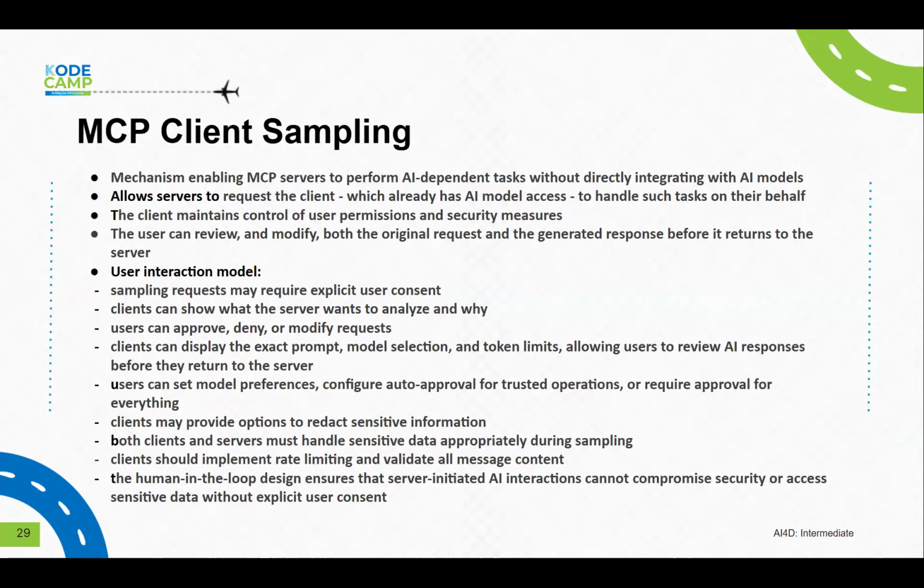So MCP sampling is a workaround that helps to solve this challenge. If the MCP server requires access to an AI model in order to address the client's request, it can send a sampling request to the client, since typically the client is an AI application, and so it has access to an AI model.